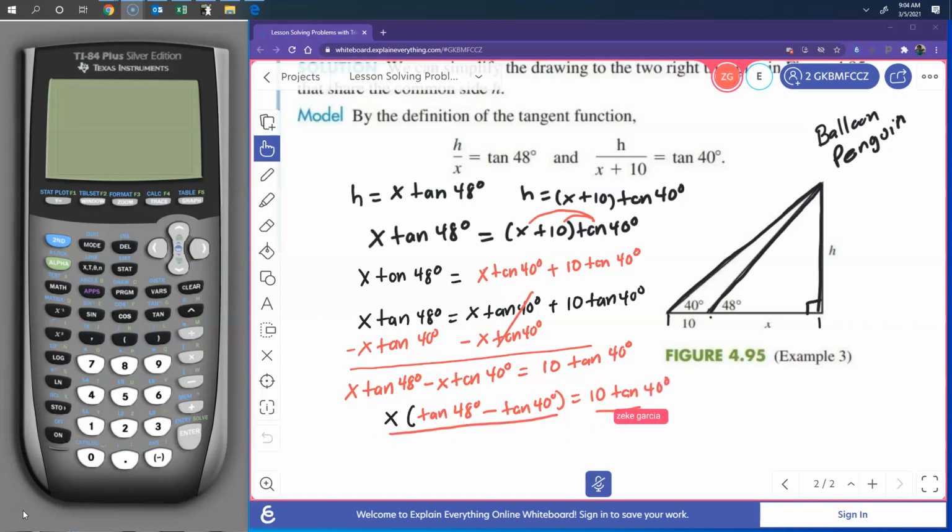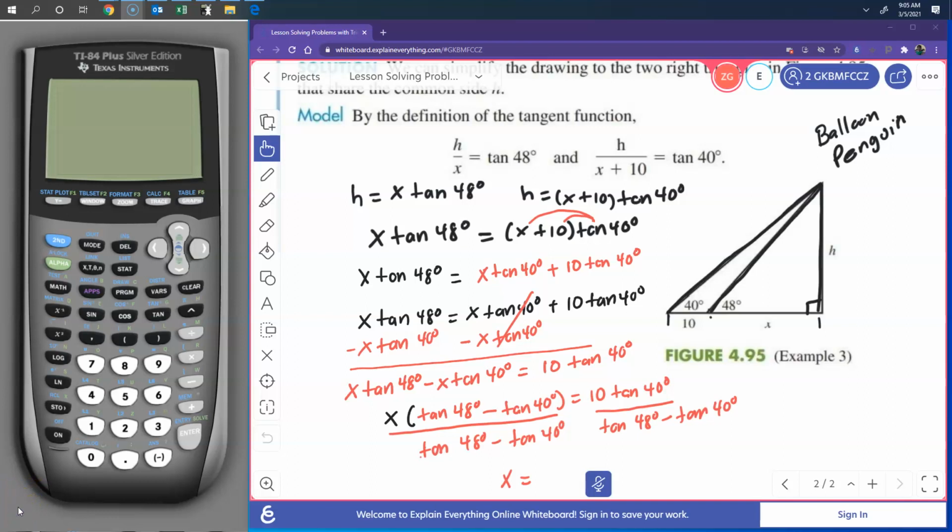And yes, you have to divide. So you have tangent of 48 degrees minus the tangent of 40 degrees, and that's going to be the value of x.